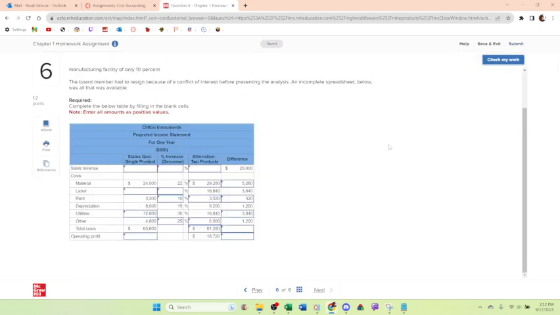So we have now calculated the total costs.